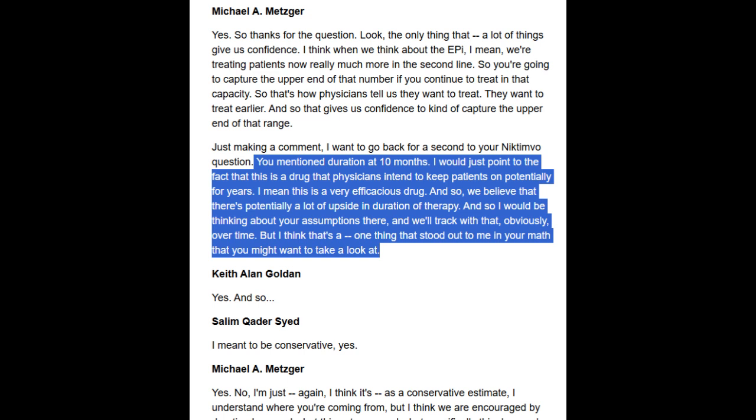So whatever number this guy was coming up with that was blowing the street's estimate out of the water, management is saying that number itself is also too low. It's going to be even higher than that, because he estimated that the treatment time would be too low. So that's truly a remarkable exchange. It's like, hey, shouldn't the numbers be higher? Yeah, but your number is also too low. It should be even higher than that. That was basically what that conversation was.